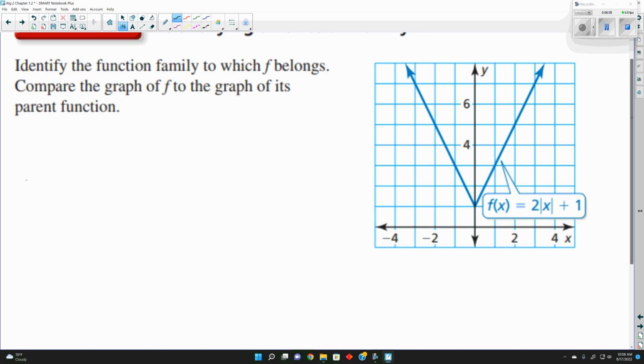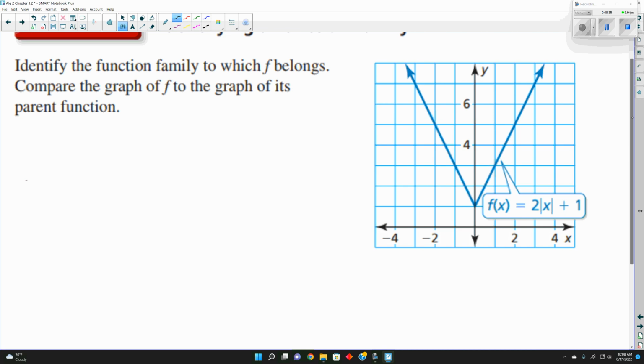So the first thing we want to do is identify which family this function belongs to. Because we have 4, it's either going to be constant, linear, absolute value, or quadratic.